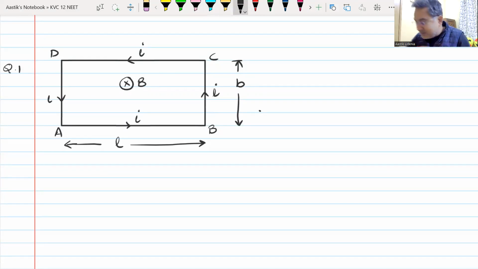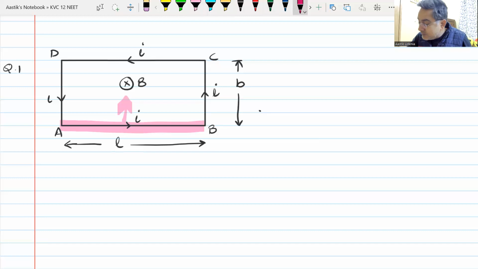I hope you have tried this. Now, if I talk about this wire AB, which I can call the pink wire, current is going like this, magnetic field is going inside, so the force on this wire will be in the upward direction.